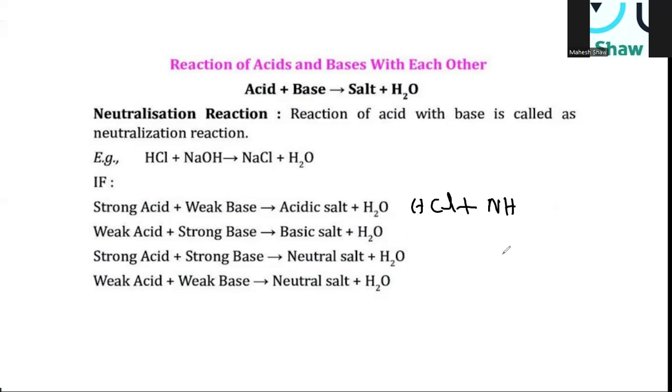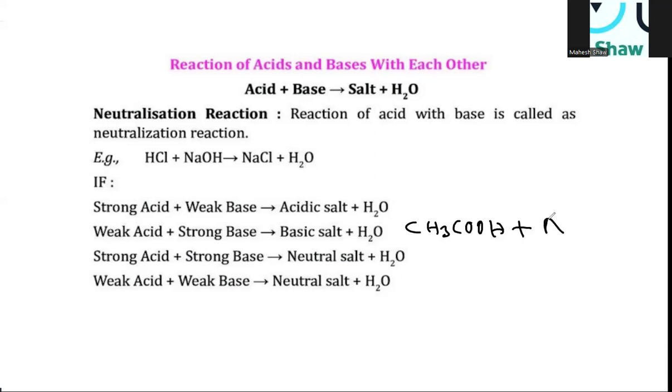Now, for the next type, whenever a weak acid reacts with a strong base. For the weak acid, I can take acetic acid, CH3COOH. 7 to 8% acetic acid is vinegar, and its chemical name is ethanoic acid.